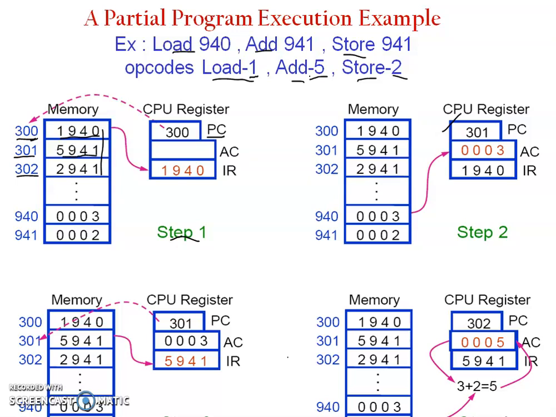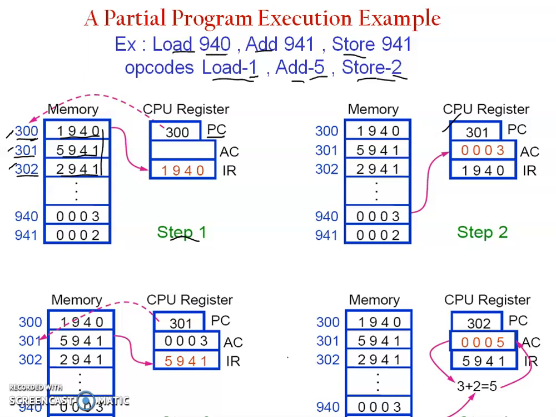Why? The add value is assumed to be 5. The next instruction, store 941, is given as 2941 inside the memory because the numeric value assigned for store is 2. These are stored inside the memory with their corresponding addresses like 300, 301, 302, and it goes on.